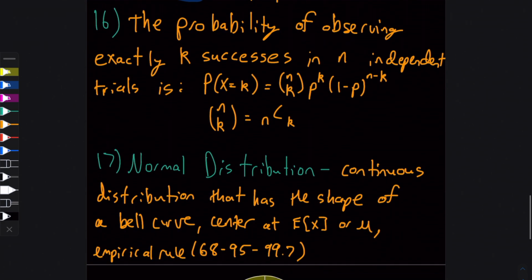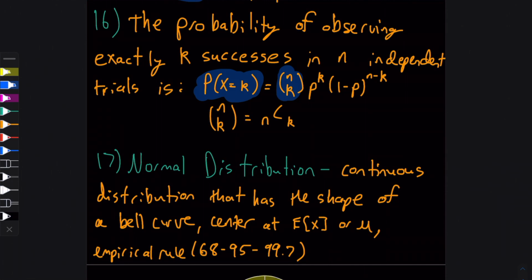Okay, the next one, the probability of observing exactly k successes in n independent trials, is this formula right here. This is saying the probability that x equals k, where k is successes, and this term right here would be n combination k, or n choose k.